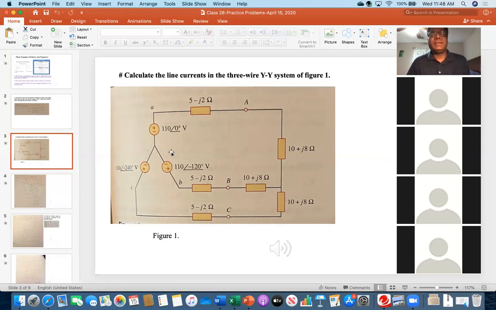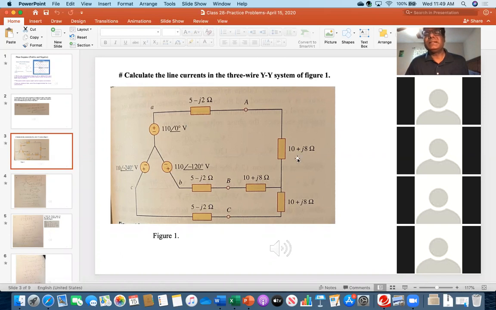Okay, anyway, as you can see, the three-phase Y-connected system is providing power to the load. Again, the loads are connected in the Y fashion. This is the common point, and these are called the line impedances. You see the line impedance in all three phases is the same.